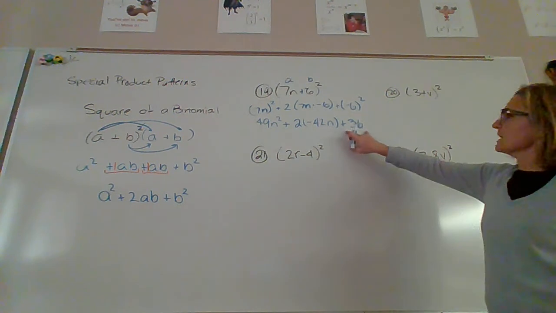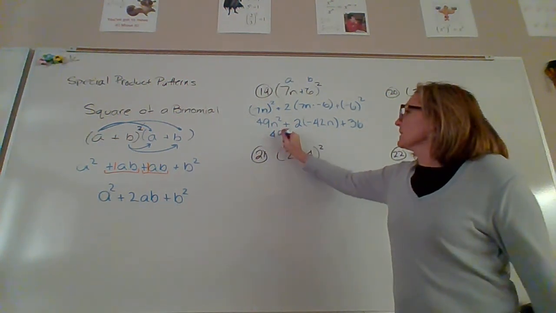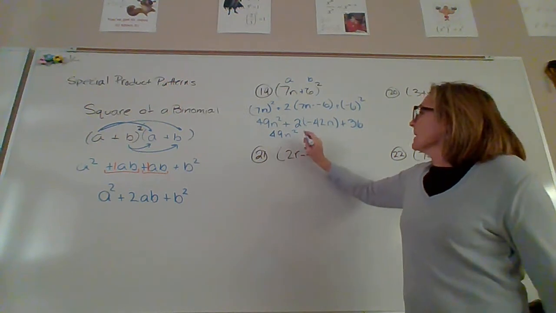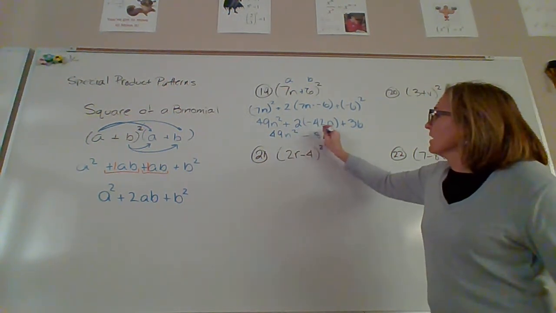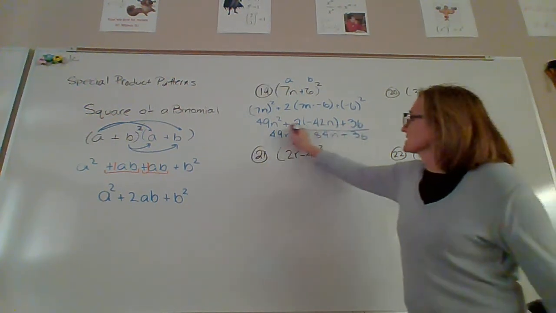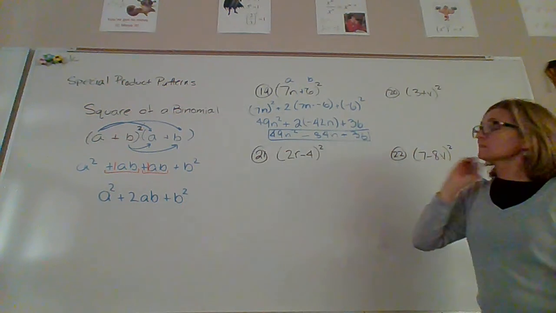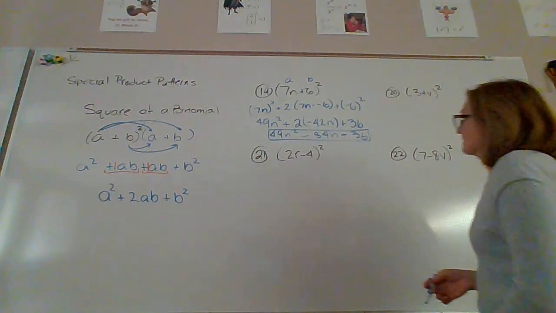So this sign on the end is always going to be positive. So we have then 49n squared minus, because you got a positive 2 times a negative 42, 84n plus 36. Saves quite a bit of time because you don't have to write them out side by side and then do all the foiling and the combining of like terms.